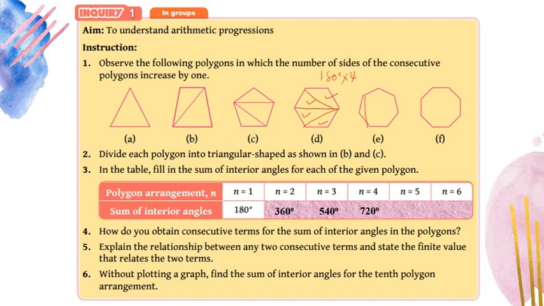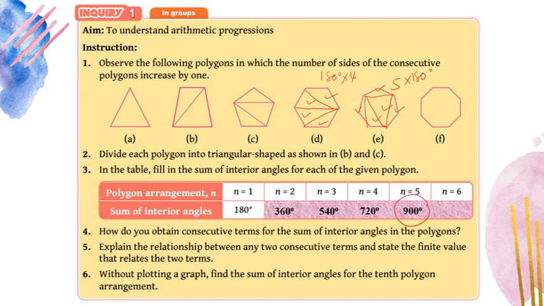This one 1, 2, 3, and then this one, so we have 1, 2, 3, 4, 5. 5 times 180 degrees, so you will get 900 degrees.